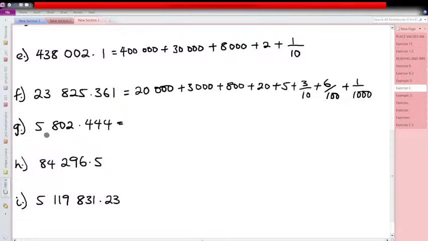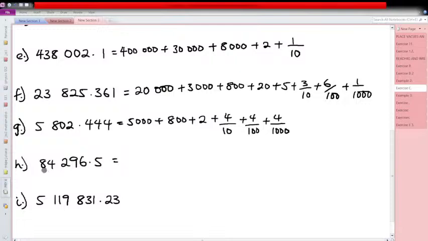G is 5,802.444, which you can write as 5,000 plus 800, no tens, plus 2 units, plus 4 over 10, plus 4 over 100, plus 4 over 1,000.